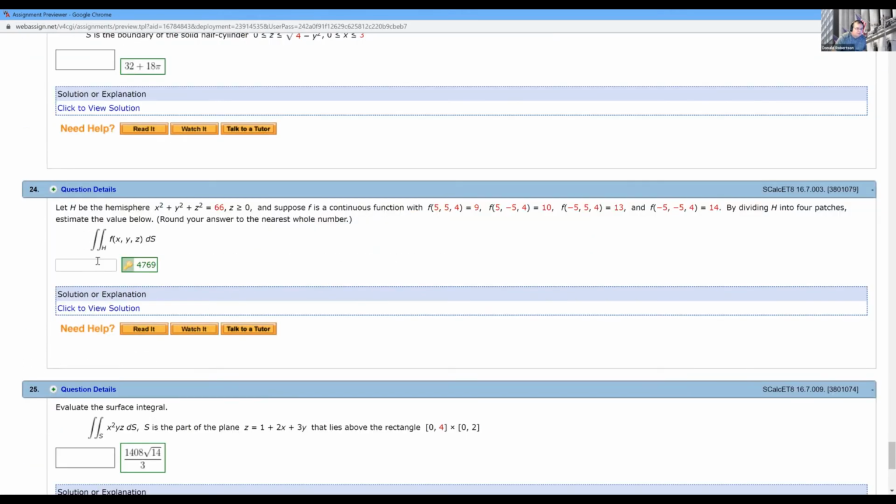That was question probably 24, this thing here. Just to show you before I make it go away, let's just show you what the solution looks like. Very cryptic. It says we can use the XZ and the YZ planes to divide H into 4 patches of equal size, which means you only need to find one of them essentially, and that's 1/8 of the surface area of the sphere, and that's the radius, and then they're doing it as a numerical. ds or delta S is given by this fella.